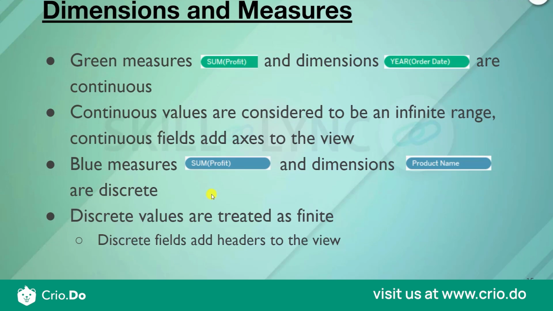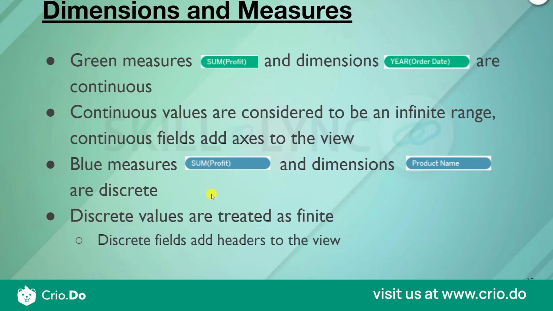Basically, profit is a number, and it is aggregated to a sum. That means it is a measure. But if the measure is in a blue pill, that means it is a discrete measure: your continuous pill has been converted to discrete. And the product name is a dimension and is discrete.